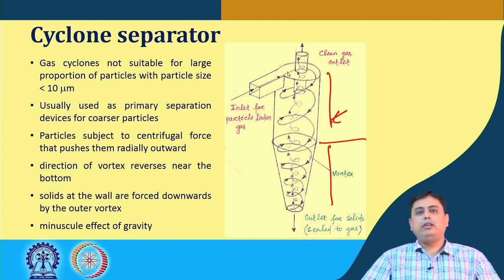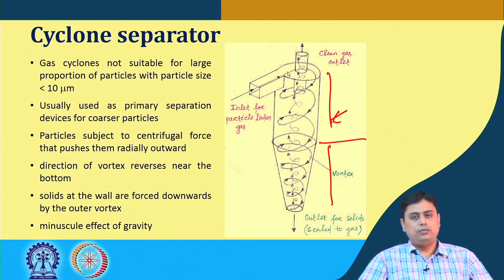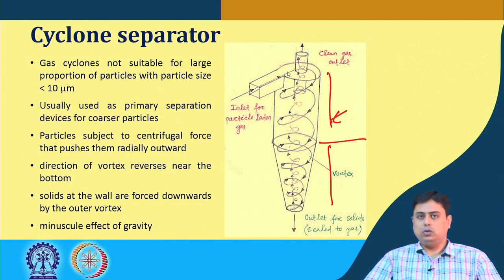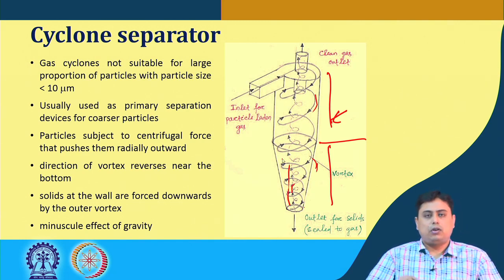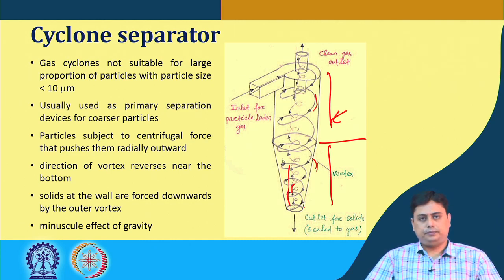It creates a free vortex inside the vessel, and the particles are subjected to centrifugal force, which pushes them radially outward. As the vortex goes down, it changes its direction from downward to upward near the bottom of the vessel.